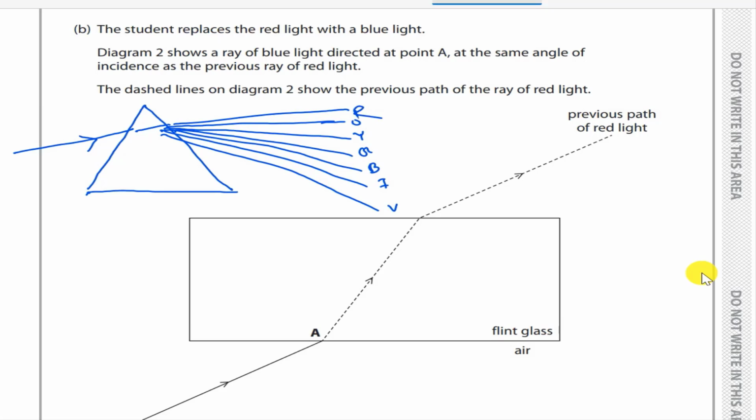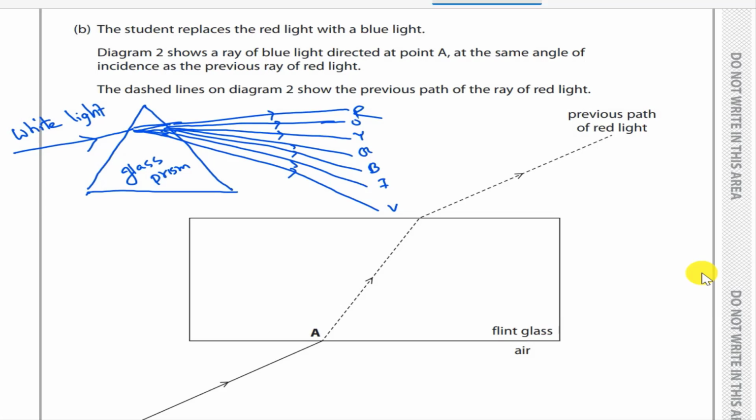Here V is for violet, I for indigo, B for blue, G for green, Y for yellow, O for orange, and R for red. So if white light is incident on a glass prism, 7 colors are separated because different colors refract with different angles.